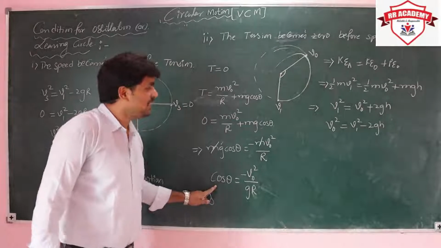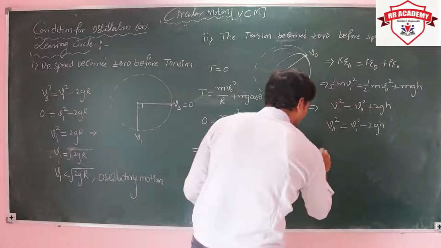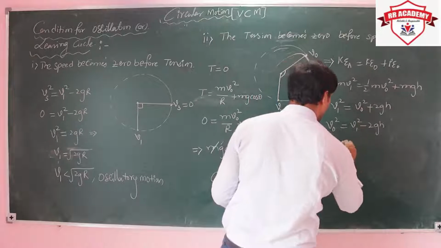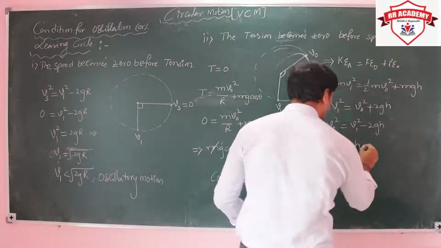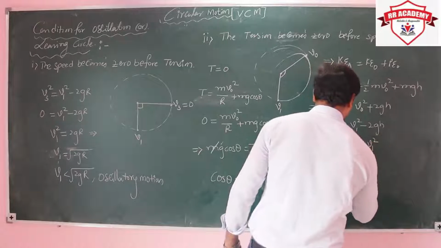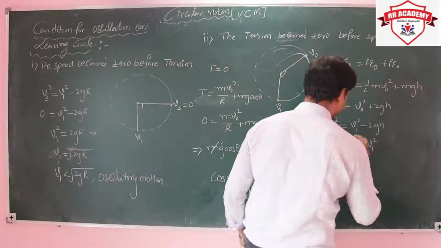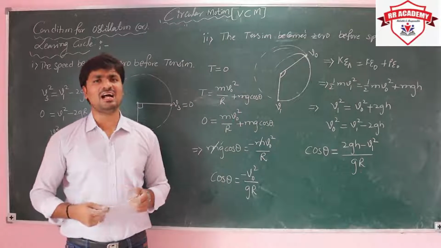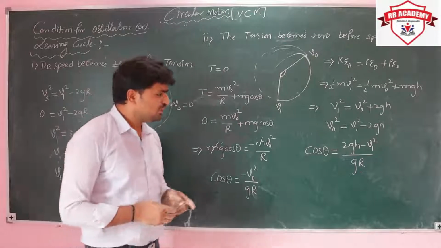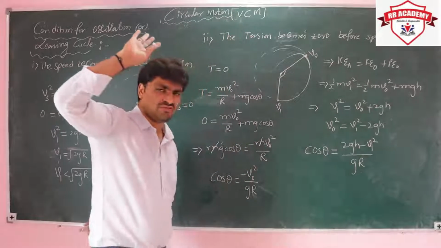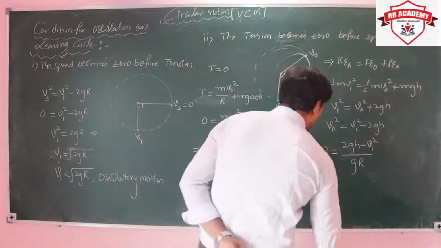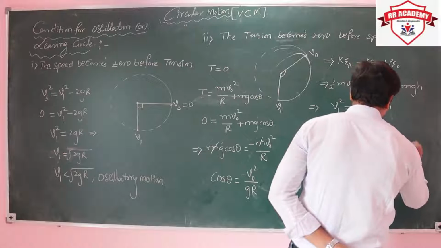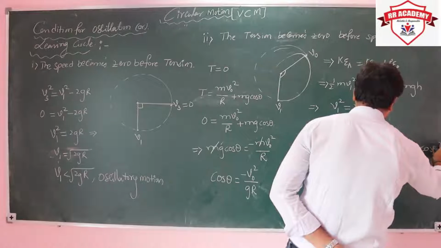This value we substitute here. Then what is the angle made? Cos theta is equal to minus v0 square upon gr, which becomes 2gh minus v1 square upon gr. Now we need to get the value of h. For that, remember the first expression: h is equal to r into 1 minus cos theta.